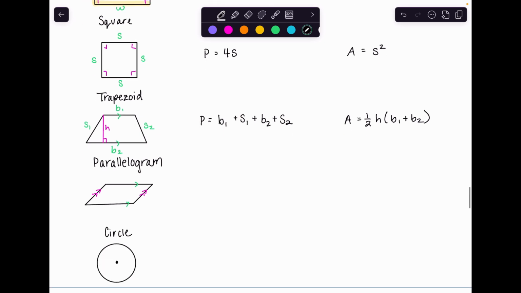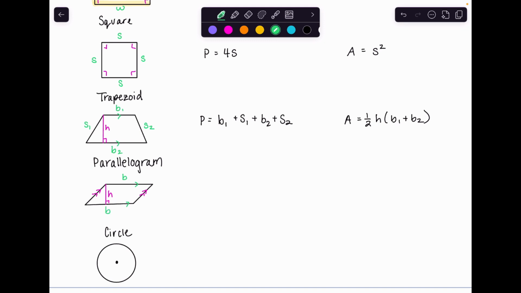Okay. When it comes to a parallelogram, it's the same kind of idea here. The only difference is these sides are exactly the same, so I don't need to find the average of my bases. But I do still need to know that distance between them, what that height is. So in this case, this side is the base, because again, it's the same.